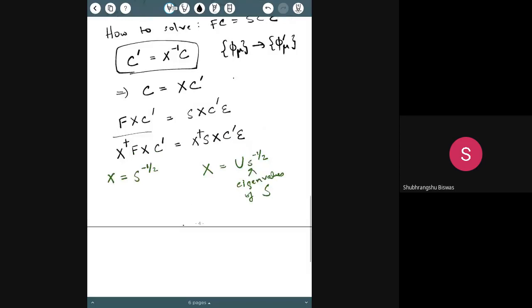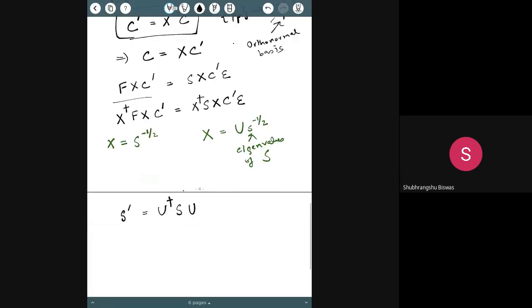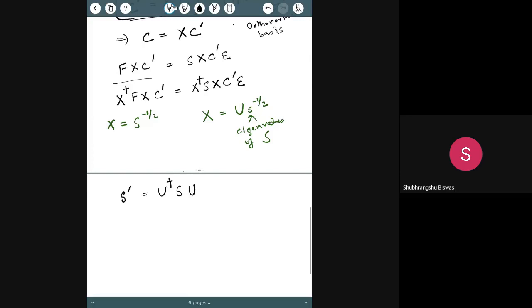So consider this. What we want basically is that this phi mu prime is an orthonormal basis. Then my S prime would basically be the diagonalized S. If it's just the diagonalized S, it would still not be orthonormal.